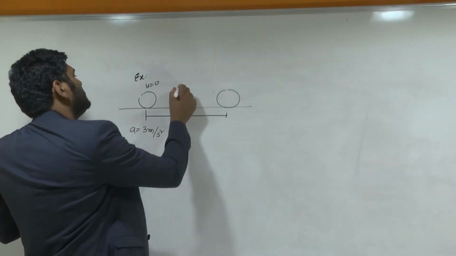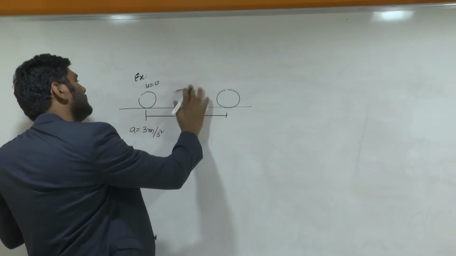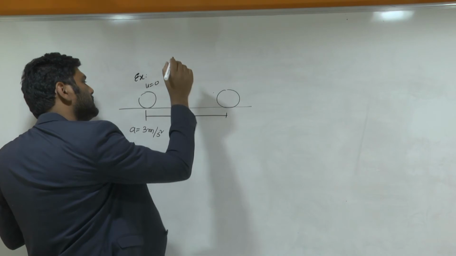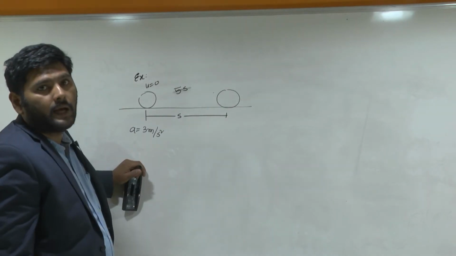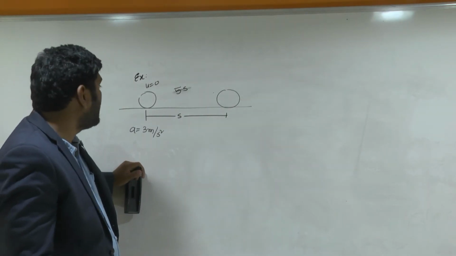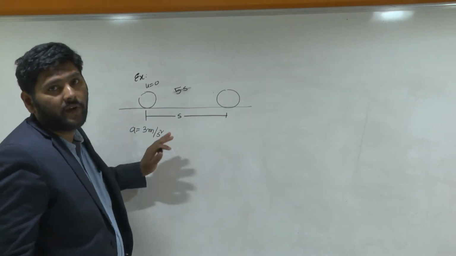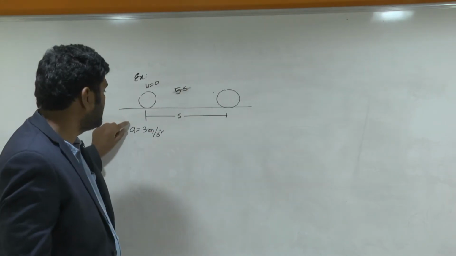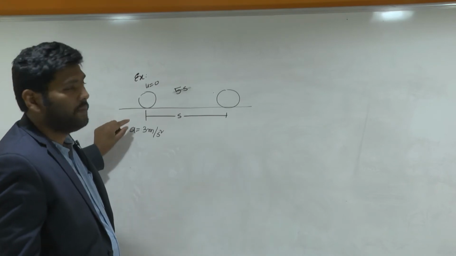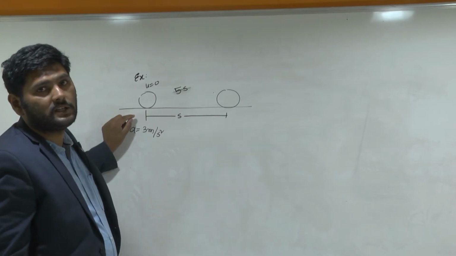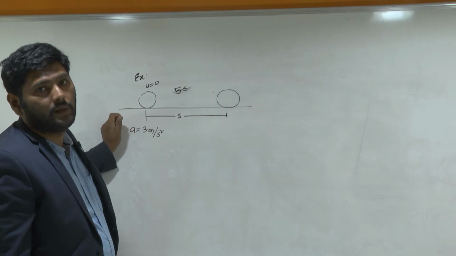In 5 seconds, with this acceleration of 3 meter per second square, what is the distance or displacement covered by the body?